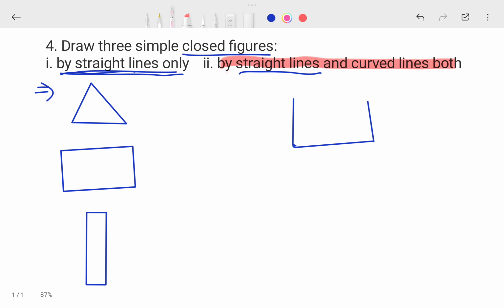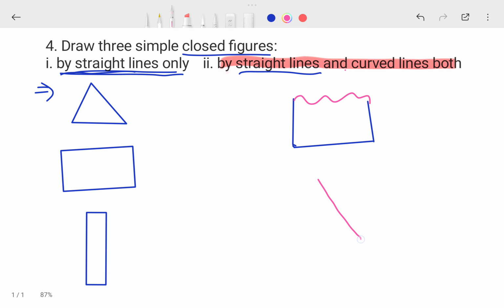Then we have to use the curved line also. So you can use a curved line here, like this. You can make it like this. It is not working well, but generally it is like that. So this is one closed figure.